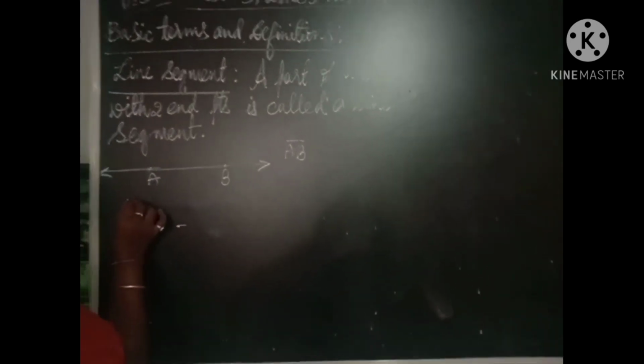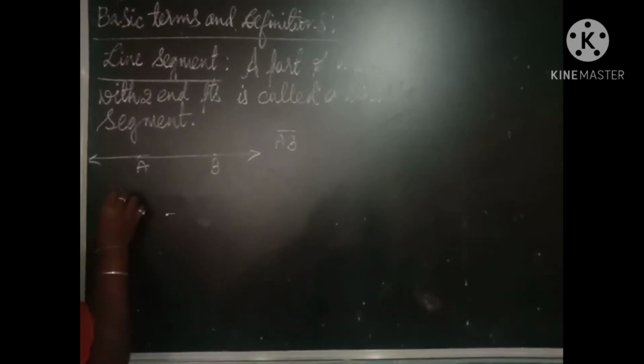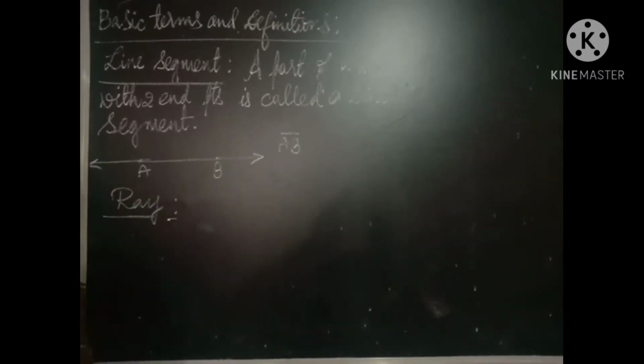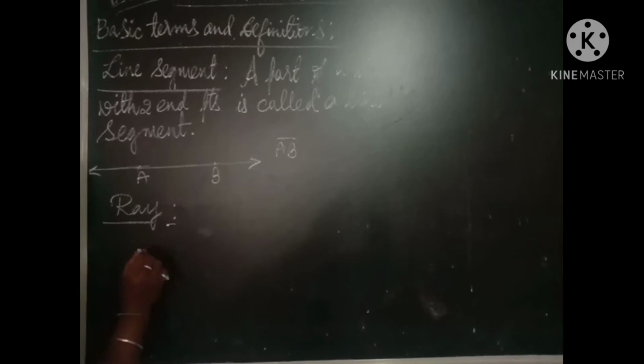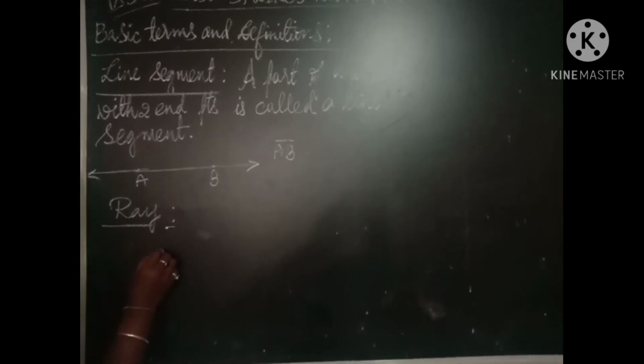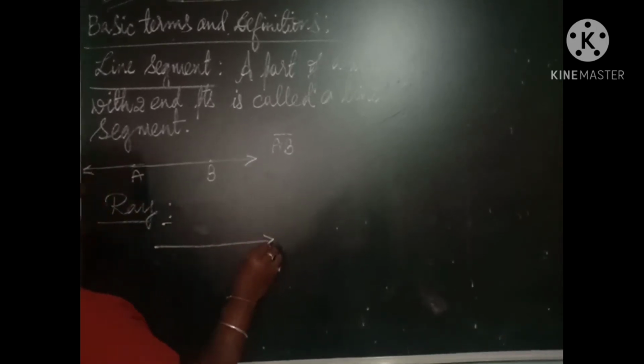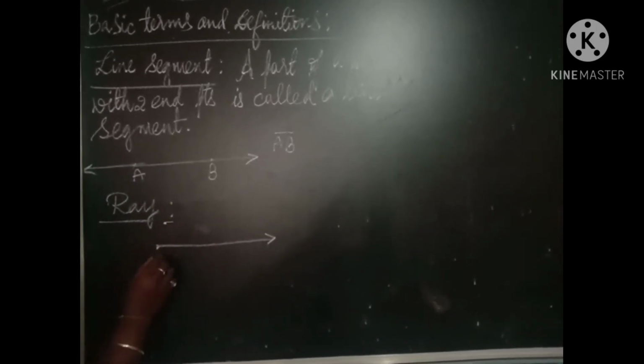Now let us see the next basic term, that is ray. What is a ray? It has one point, from which it continues to another point.